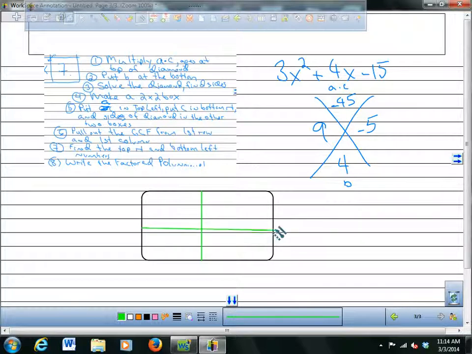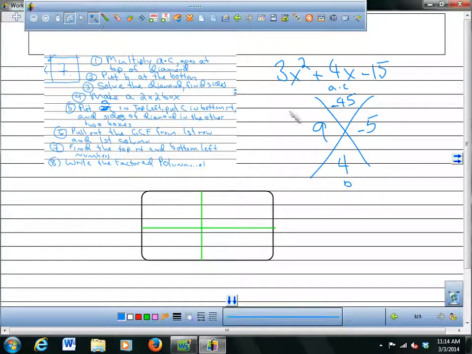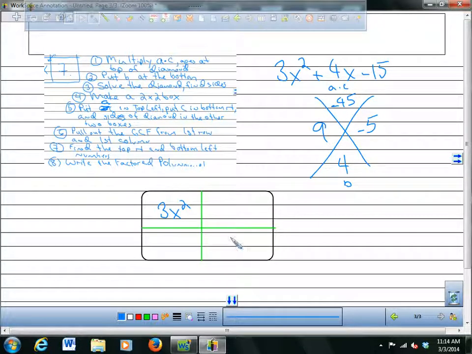Now, unlike the last time where I messed up, what goes up here? 3x squared. Just the A, right? So this is A. What's C? C is -15, okay?